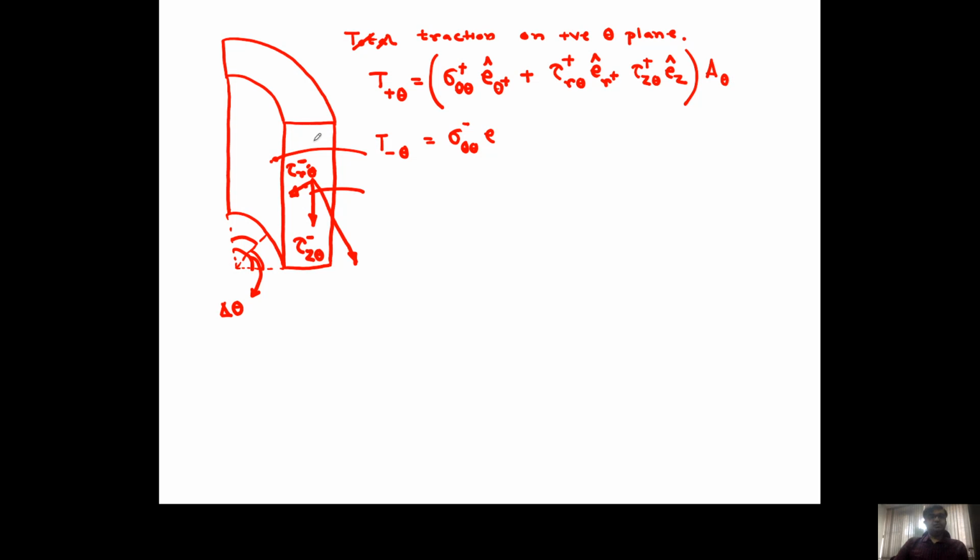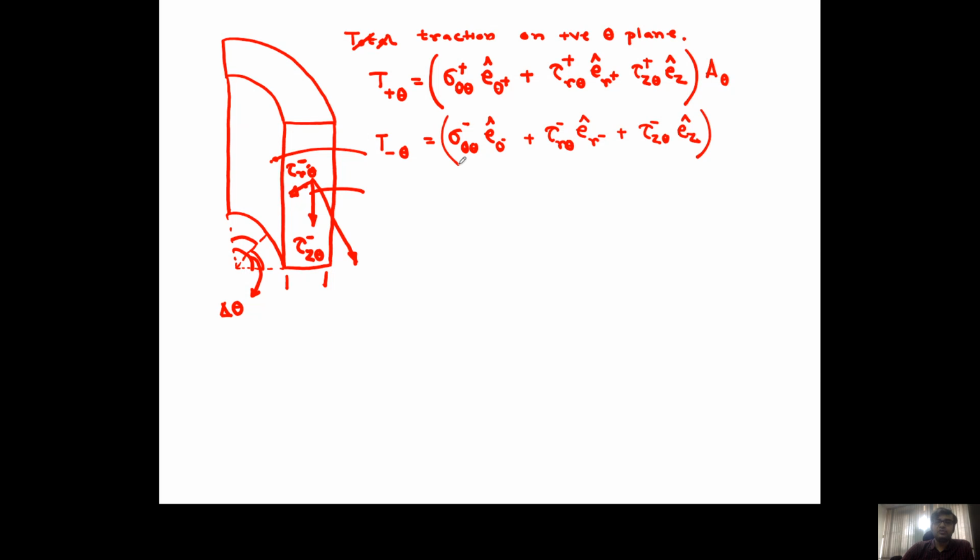And area of positive theta plane and area of negative theta plane will be equal. In both cases it will be delta R times delta Z. So I can write it outside also. So anyways, so this is sigma theta theta minus E theta minus hat plus tau R theta minus E R minus hat plus tau Z theta minus Ez hat.